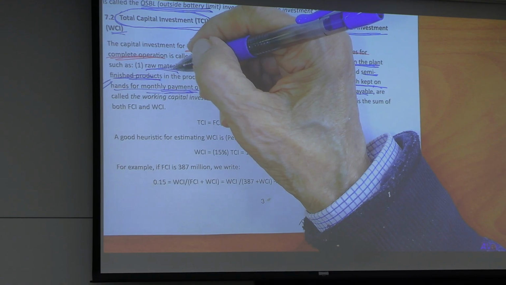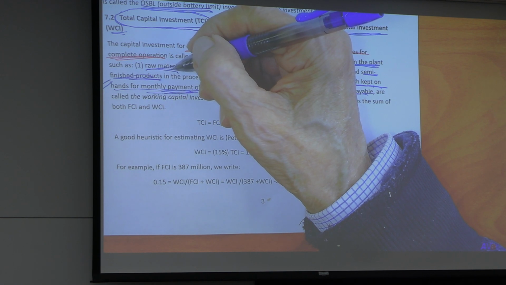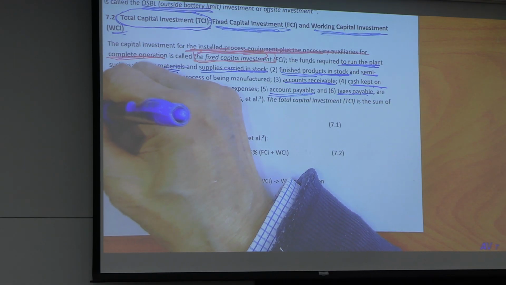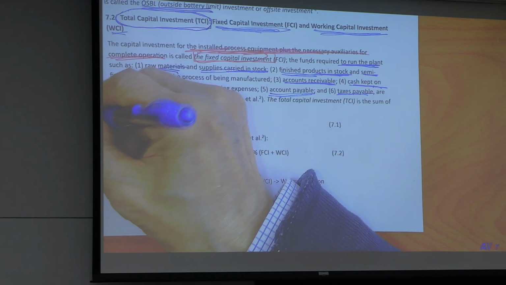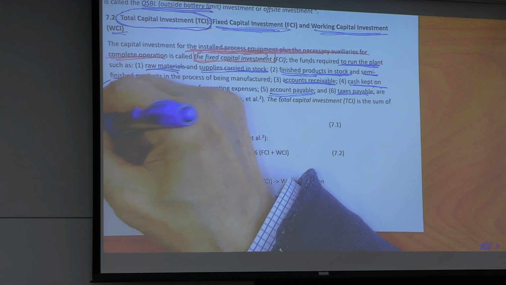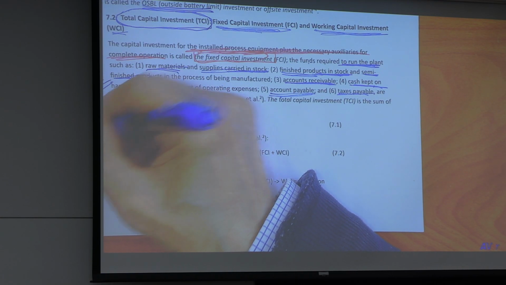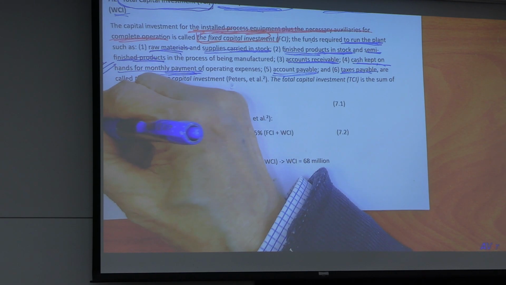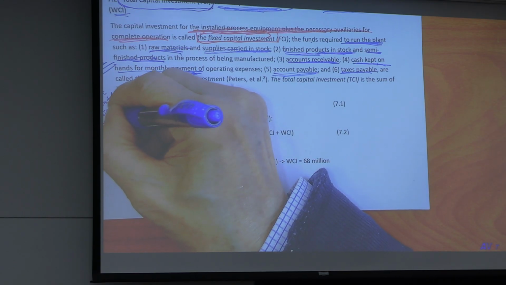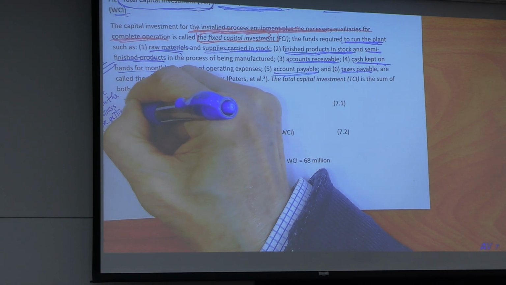You need money for the first year for raw material, to produce the product, pay your account, pay your worker until you get the income. So that is essentially the cash reserve to run the business before getting income.